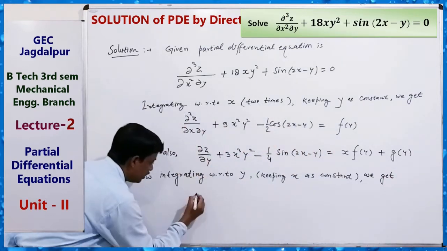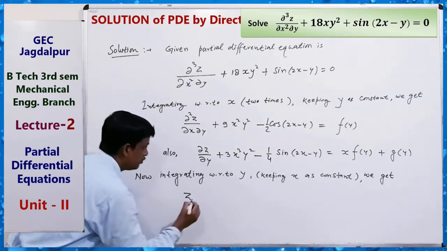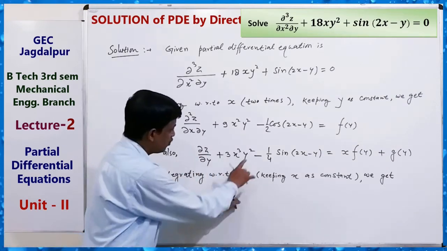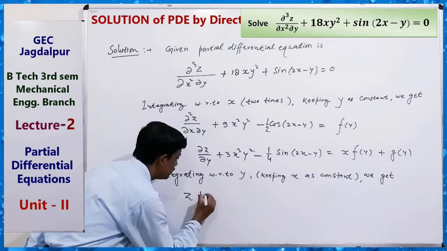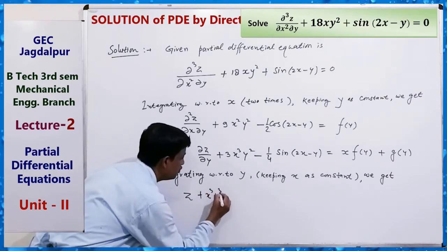Integrating this, we get z. Now integrating with respect to y: y cube by 3, 3 cancels, plus x cube y cube.